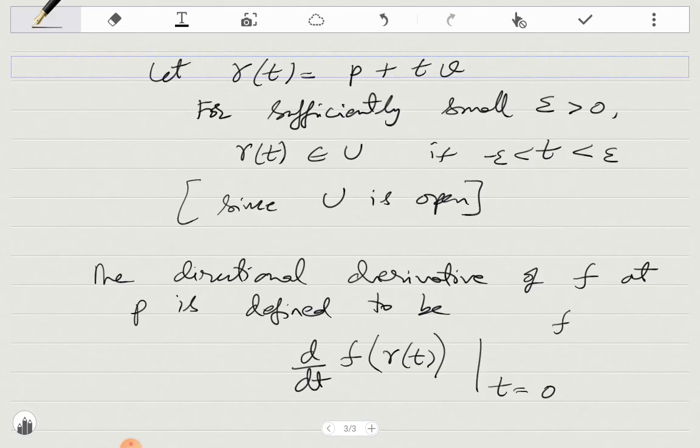So note that f composed with gamma, which is what I'm differentiating, goes from minus epsilon to epsilon to R. So then I take the usual derivative.